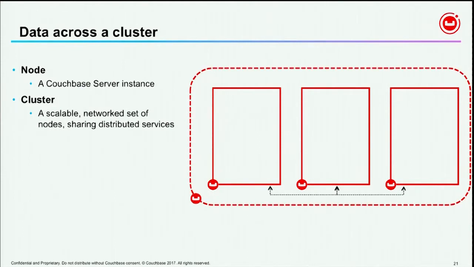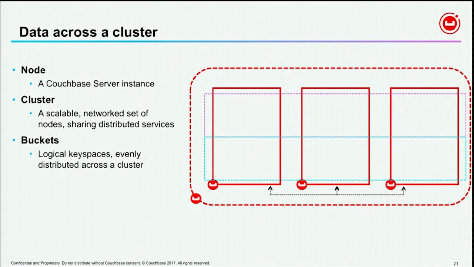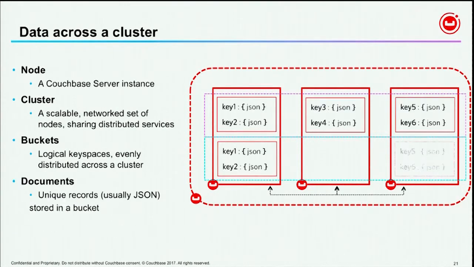Multiple nodes come together to form a cluster, and then a bucket is our word for a database, a logical grouping of unique keys within a cluster, and you can have multiple buckets within a cluster.